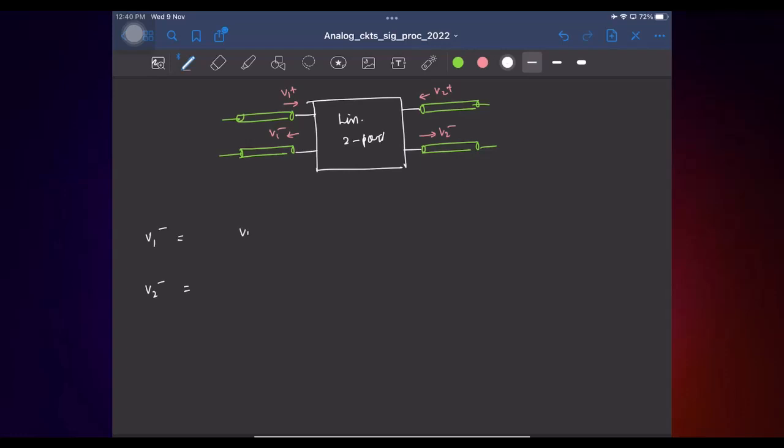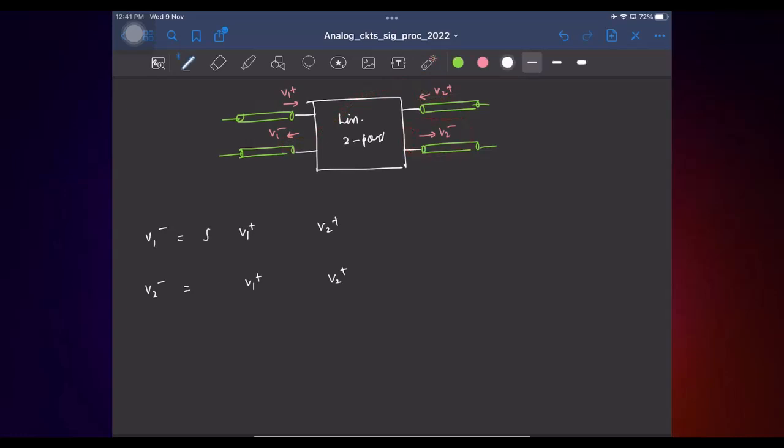That will be a linear function of these guys. Make sense? I mean, logically, see, this reflected voltage will arise because this voltage gets reflected, and also a fraction of V2 plus will come here, right? Same holds good for V2 minus also.